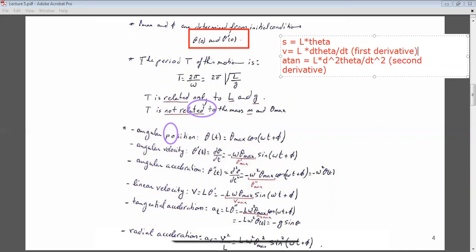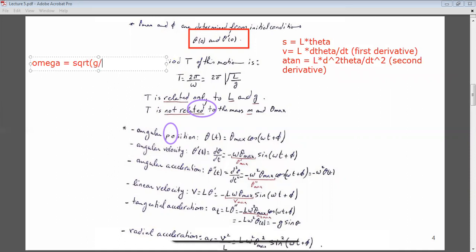Now, if we have the omega, which is the square root of g over L, then I can get the period. The period is 2 pi divided by omega.